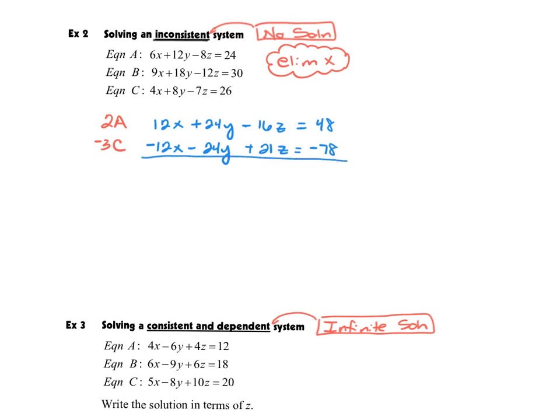Now my goal was to eliminate x, but when I add these two equations together, I see the x's drop out and the y's drop out. That leaves me with a z value, 5z equals -30, or z equals -6.